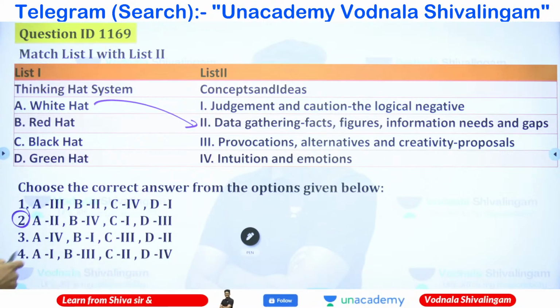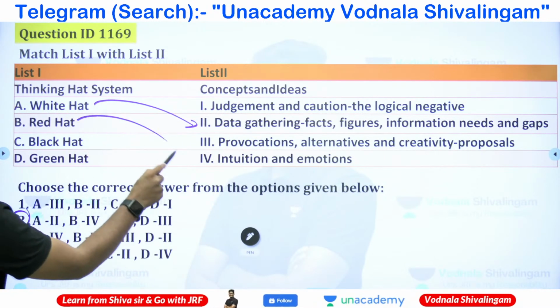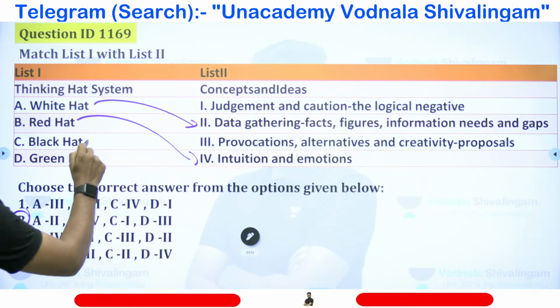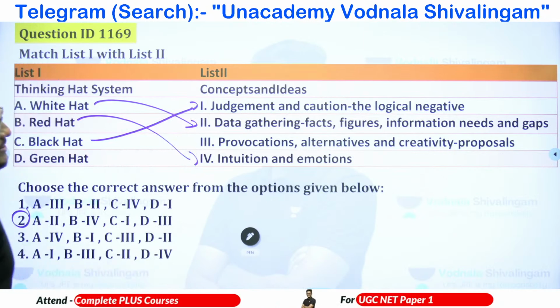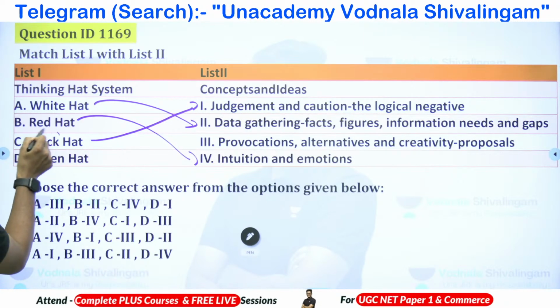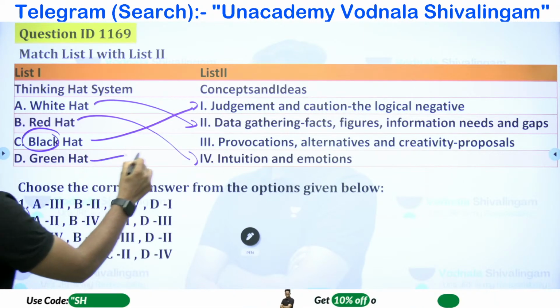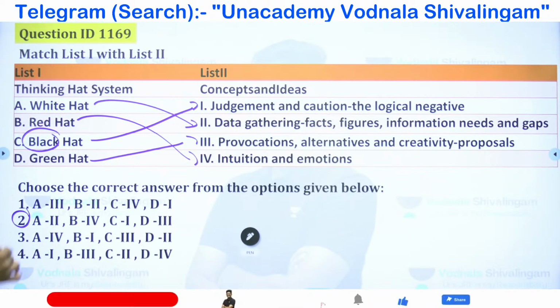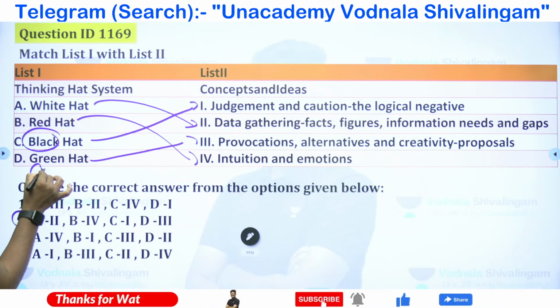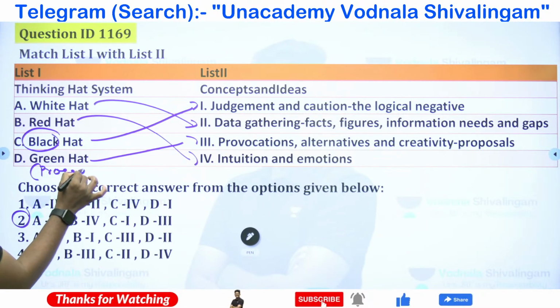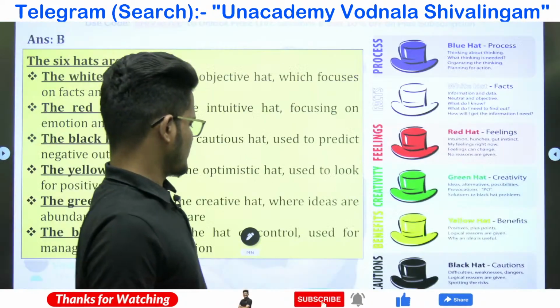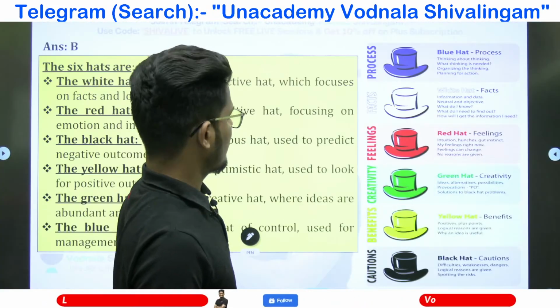Red hat indicates intuition and emotion. Black hat indicates judgment and caution, the logical negative. Black is always for negative. Green hat is for provocations, alternatives and creativity proposals. Open up for new things, proceed further. That is green thinking. So you can see there are a total of 6 hats.